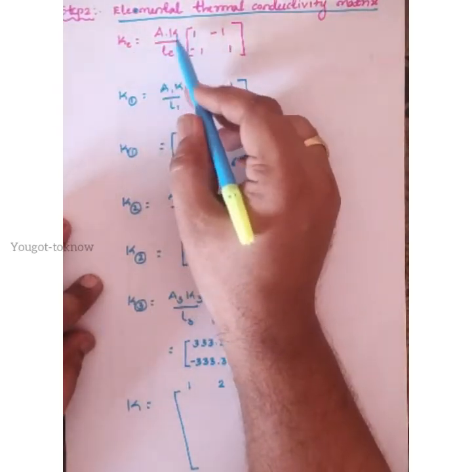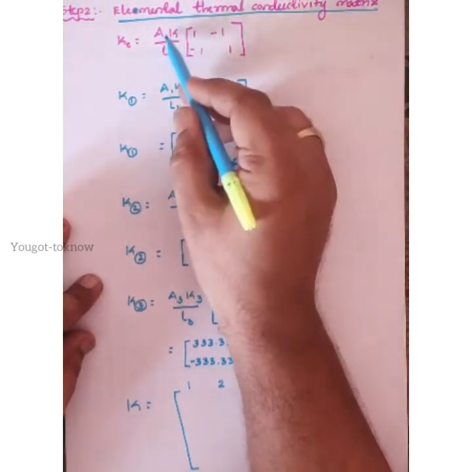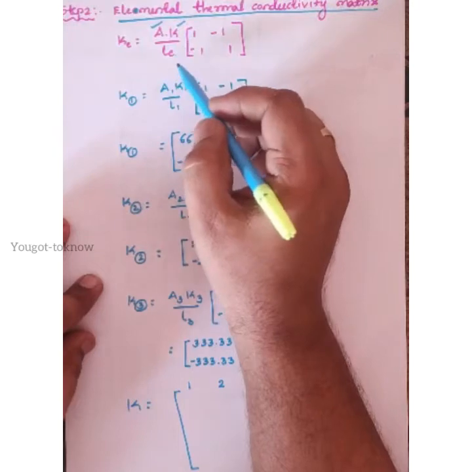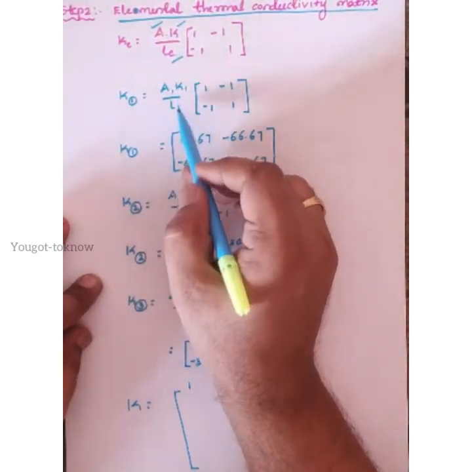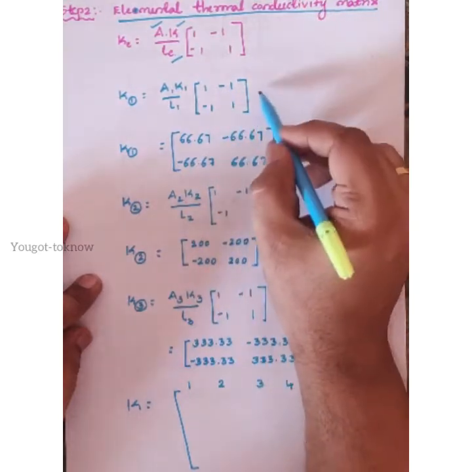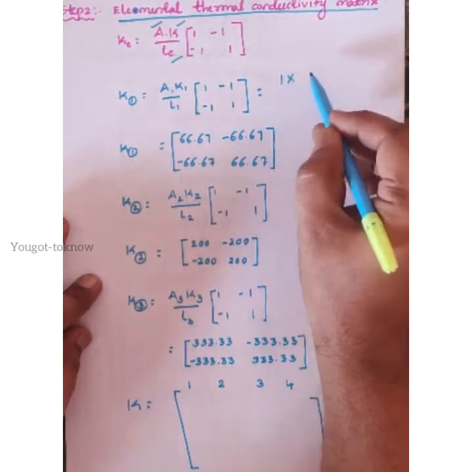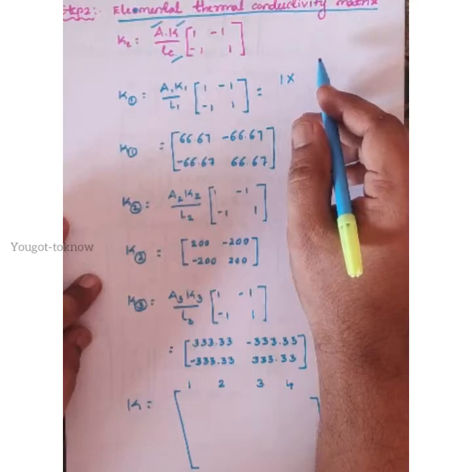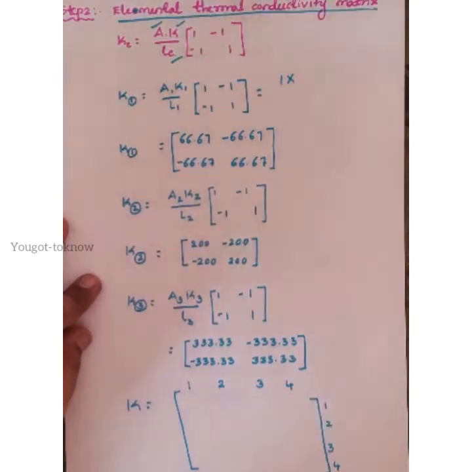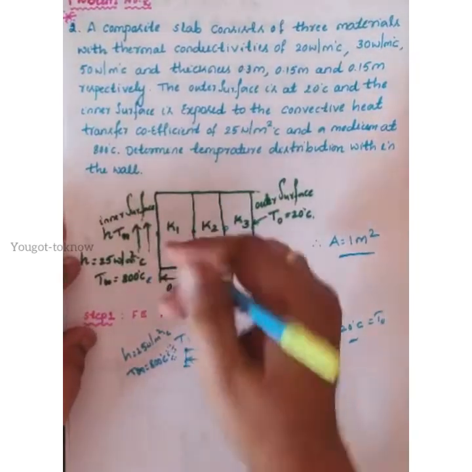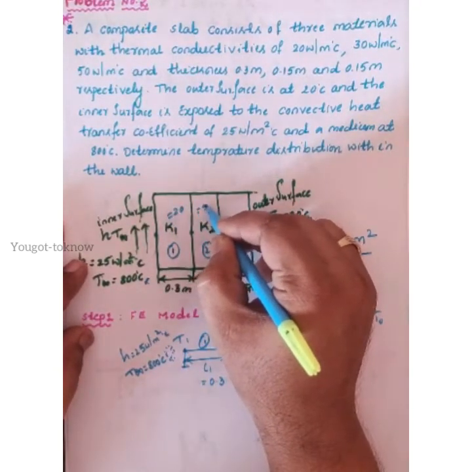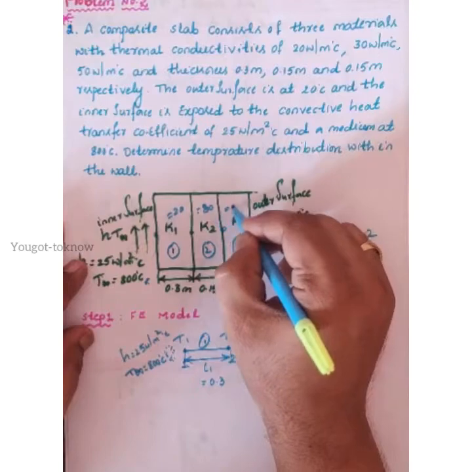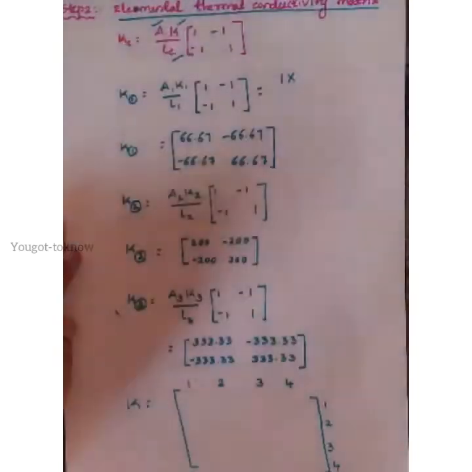What is your general matrix? K equals A into K divided by L_e, times the matrix [1 -1; -1 1]. A is the area, K is the thermal conductivity of the material, L is the length of the element. Now K1 equals A1 K1 by L1 times [1 -1; -1 1]. Now we know the area is 1. The K values are 20, 30, 50.